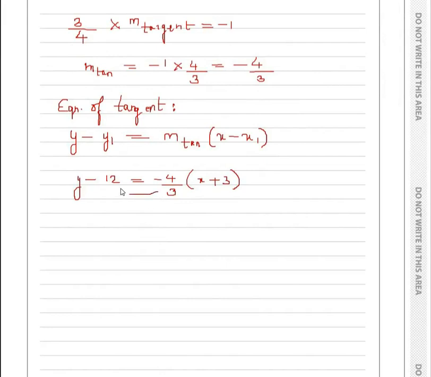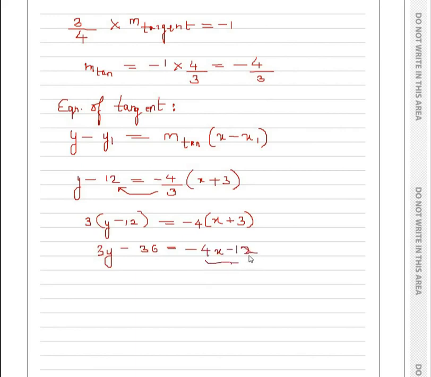Now I will take the 3 over to this side, so it multiplies with y − 12. This becomes 3y − 36 = −4x − 12, since 3 times 12 is 36.